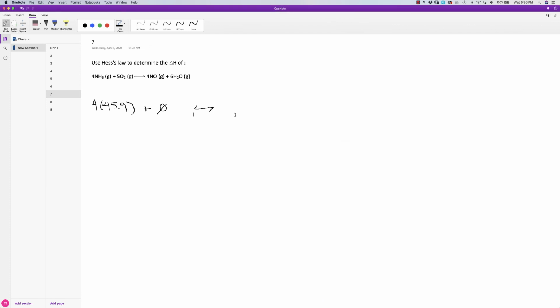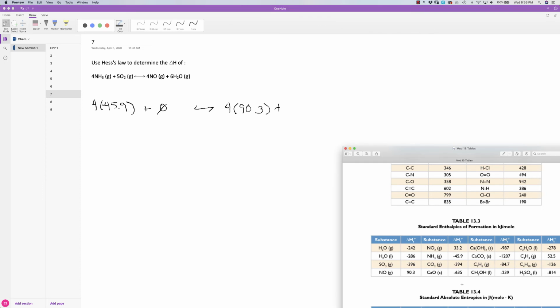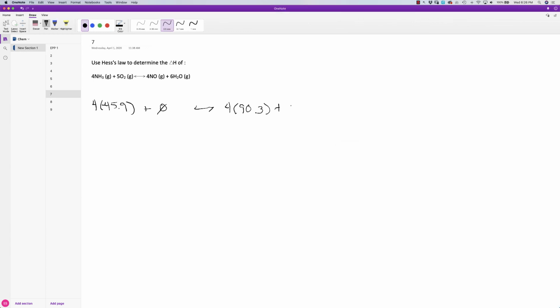We have 4 of those, so that would be 4 times 90.3 plus water in a gas state, and there are 6 of those. So we find water, H2O in a gas state, that's negative 242, and there are 6 of those.